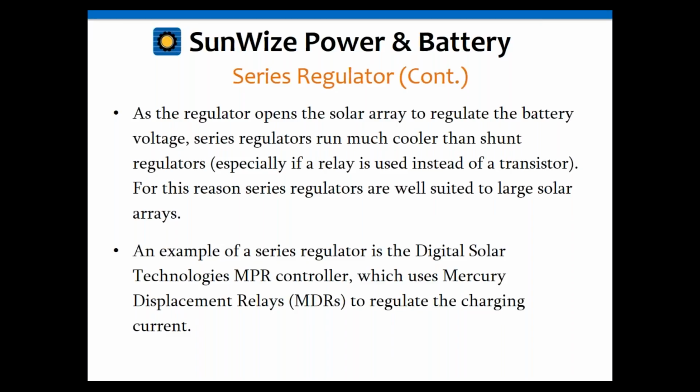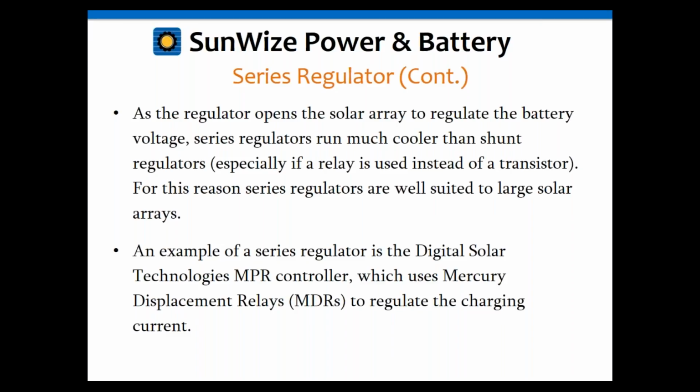Now, also, you can add, again, as many relays as you need to, depending upon the logic involved, to get to big arrays. An example of a series regulator frequently still used today is the digital solar MPR controller, and it uses mercury displacement relays. One of the things about the relays is that, going back to the shunt regulator and this pulse charging methodology, you can have cycles ranging anywhere from minutes to seconds, which means you could cycle that relay very frequently.